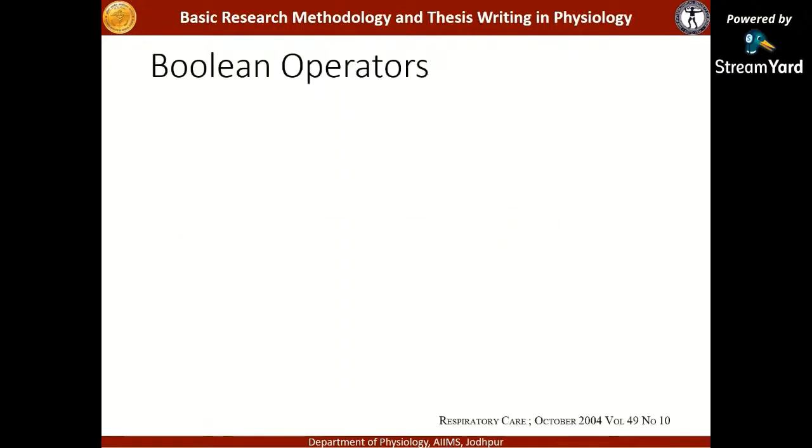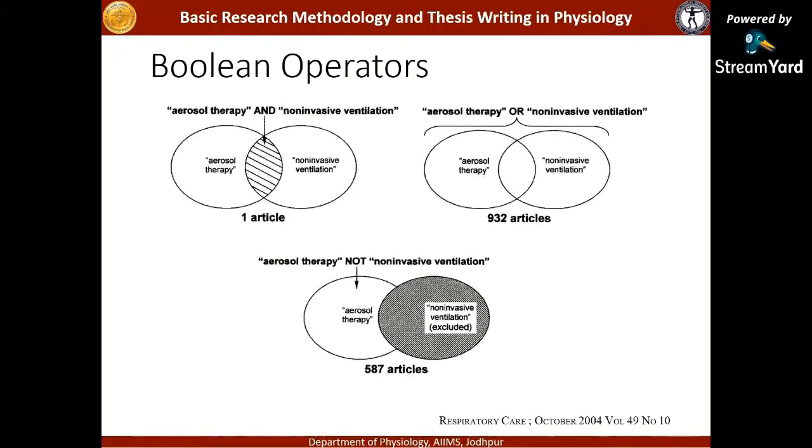Now, for this, we need some Boolean operators, because we are not searching for only one keyword; we will be having more than one keyword. What are the Boolean operators? There are three Boolean operators: AND, OR, NOT.